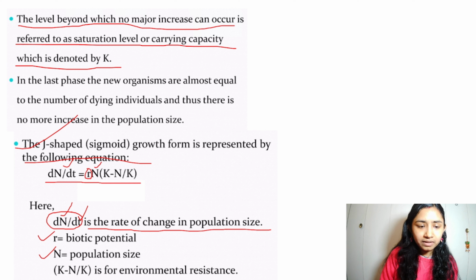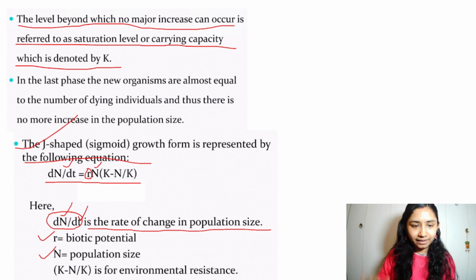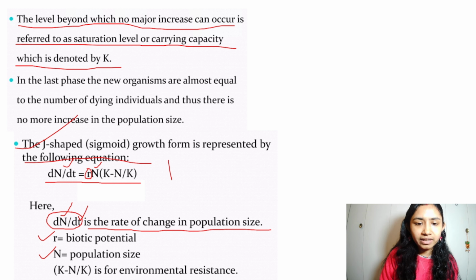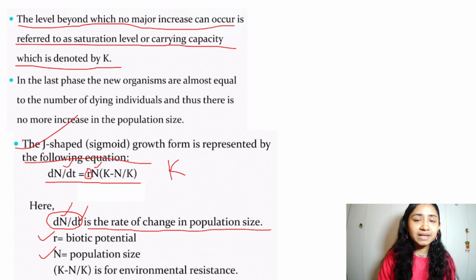Now, what is (K - N)/K? I told you that K is the total carrying capacity, and N is the population size. When some of the organisms have used the resource of the carrying capacity, how much food will be left? So (K - N) divided by K is a ratio.